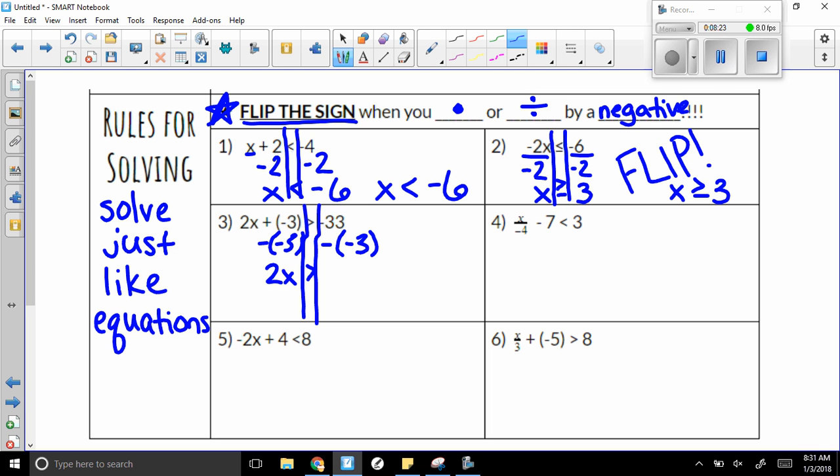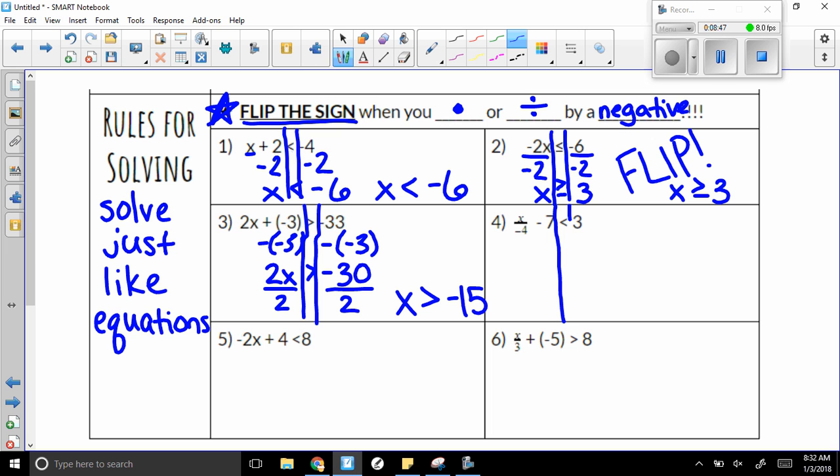I haven't multiplied or divided by a negative, so I'm going to keep it greater than. And then negative 33 minus negative 3 is negative 30. Then I've got to divide by 2 on both sides. Even though I'm dividing, I'm not dividing by a negative, so I don't need to flip this one. I'm going to get x is greater than negative 15. Let's try out number 4.